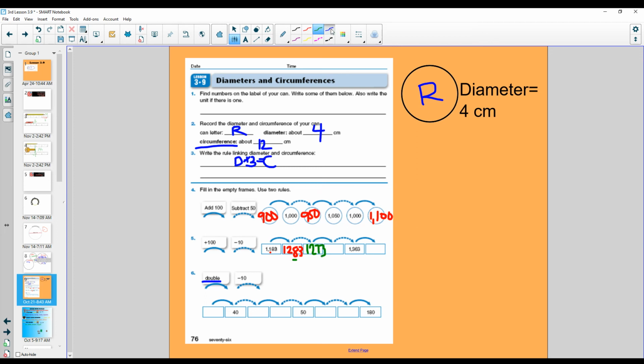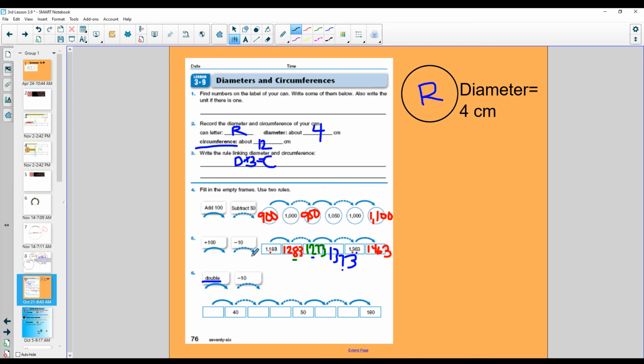Now, if you look, I'm going to go plus 100, so it's this one that's going to change. I'm going to get 1,373. And if you look, they took away 10. It's the tens place that changed. So for the last one, it's the hundreds place that I need to go up by 1, or 100, in the hundreds place. 1,463. Are you on target figuring out these arrows?